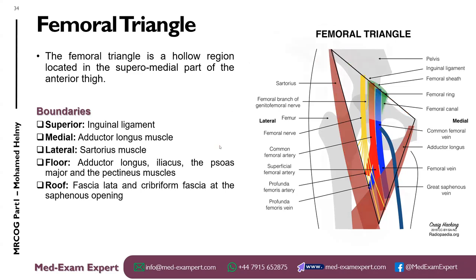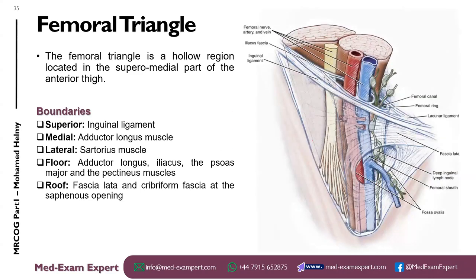I will show you another picture here. This will make the imagination better. So this is the triangle. Superiorly, we have the inguinal ligament as marked here. Medially, we have the adductor longus muscle, and we have here the sartorius muscle.